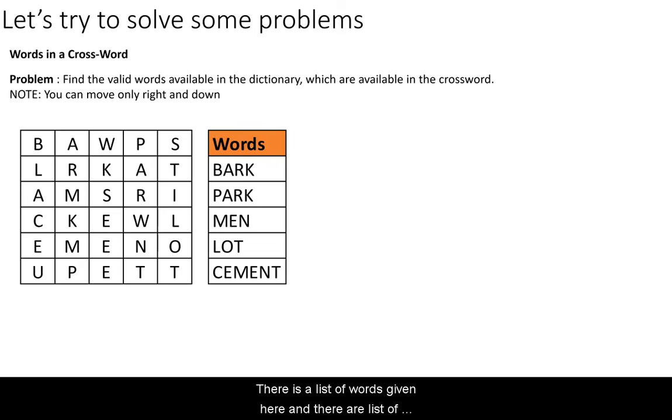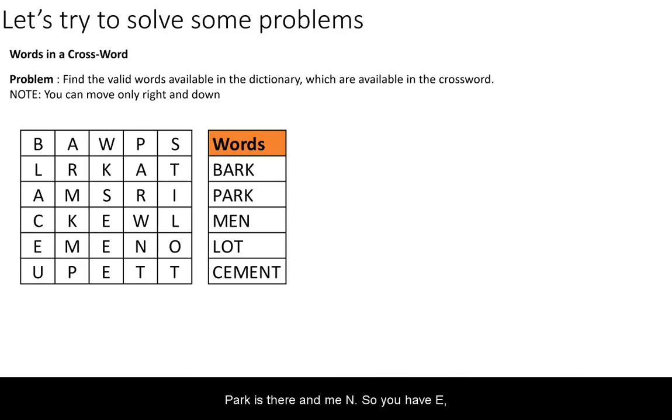There is a list of words given here, and there is a grid that has been arranged with a lot of letters. Now if you look at it, B-A-R-K, bark is here, park is P-A-R-K probably, right?